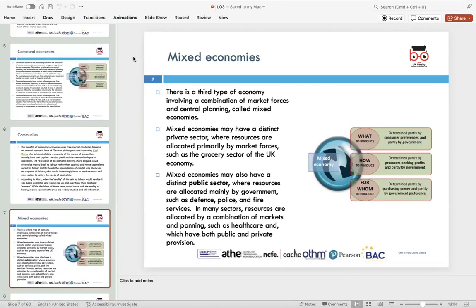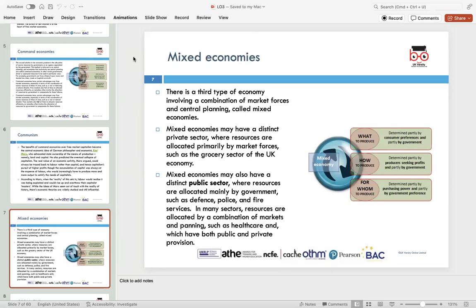Mixed economies. Mixed economies are characterized by the combination of market forces and central government. The private sector, in which the allocation of resources is predominantly determined by market forces, and the public sector, in which the distribution is determined by the government, may be present in these systems.